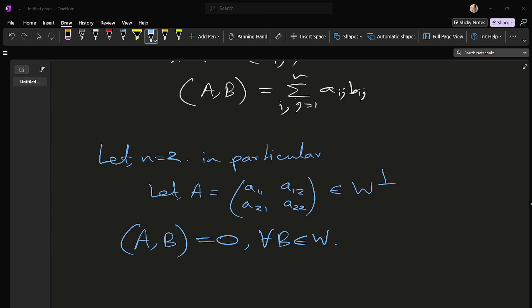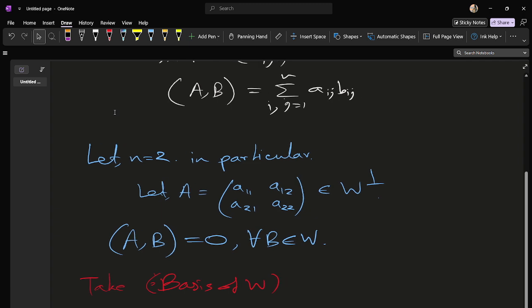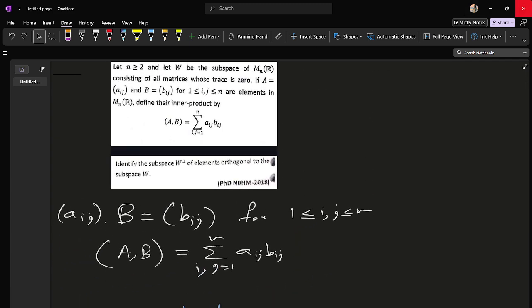Now we can take the following elements of W, that means the basis of W. We have matrices whose trace is 0, so the matrices will look like a, b, c as three random entries from the real number set.